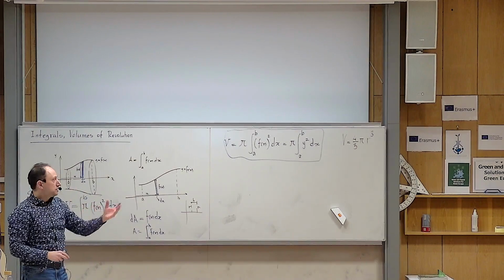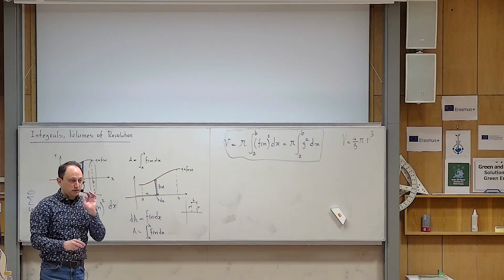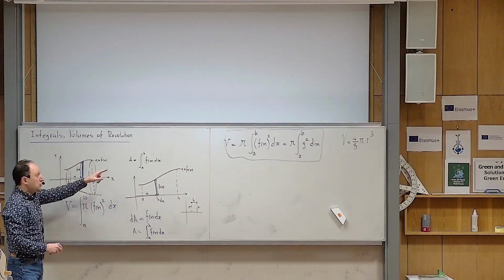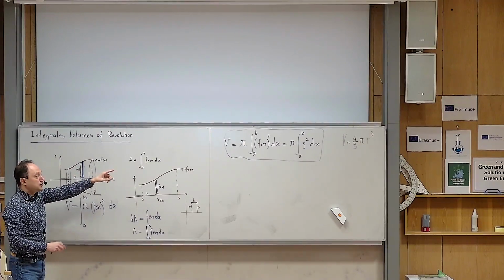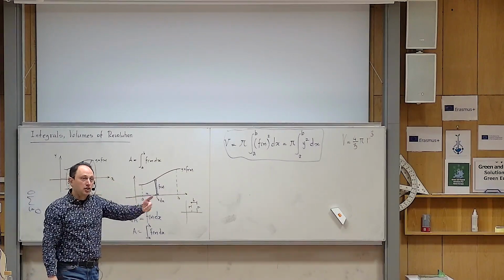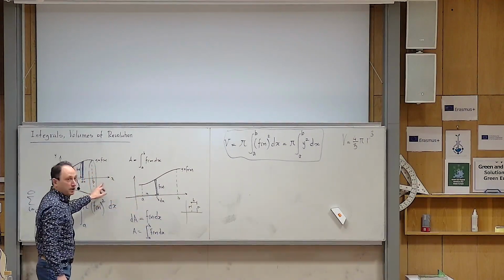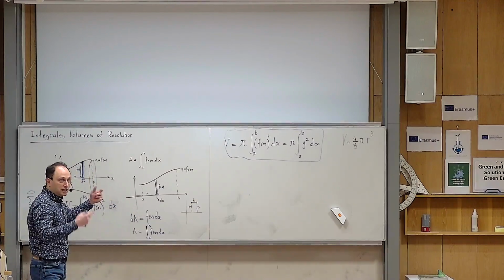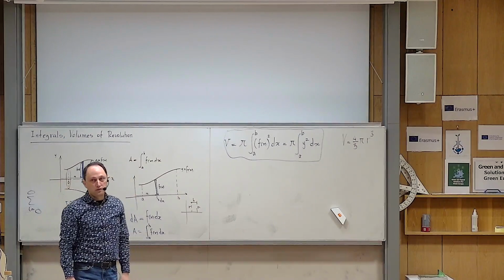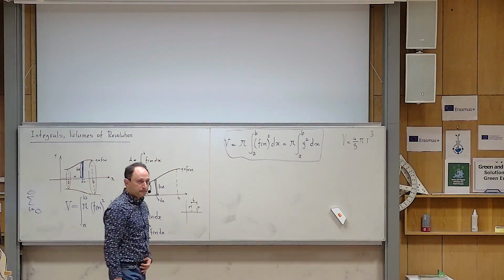So if I give you a sphere, what should you imagine in your head? A sphere is the generated object. In order to use this formula, I need to go to 2 dimensions and imagine a curve so that when it is rotated about the x-axis, it generates the sphere that I am looking for its volume. And it's not hard.